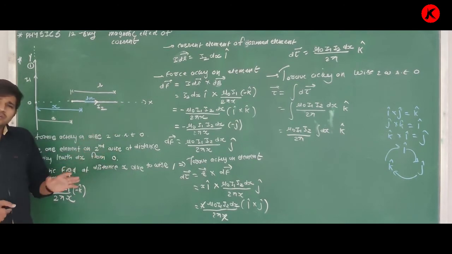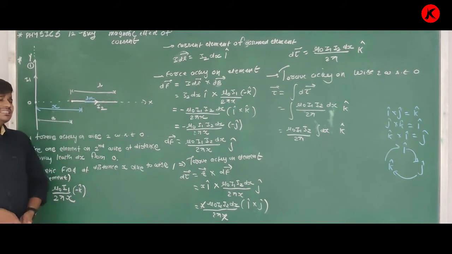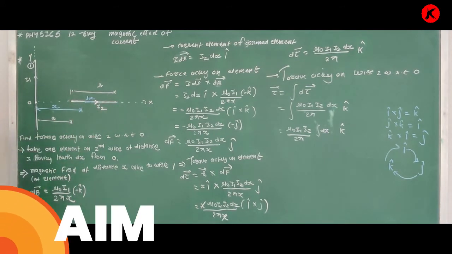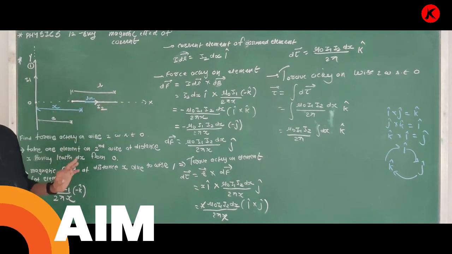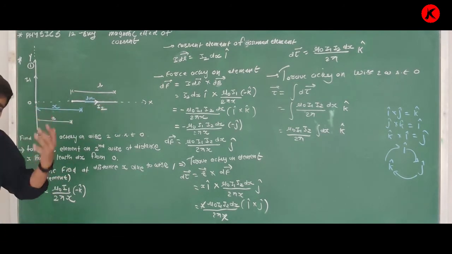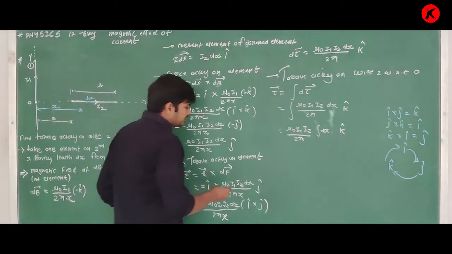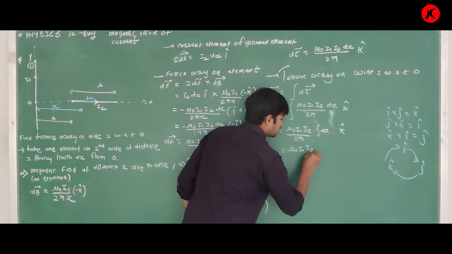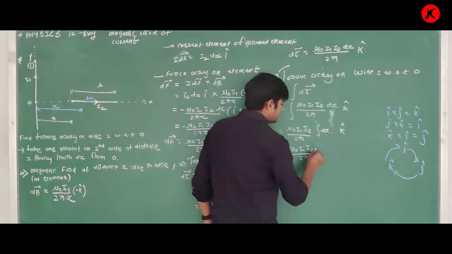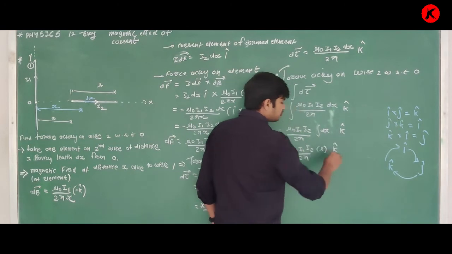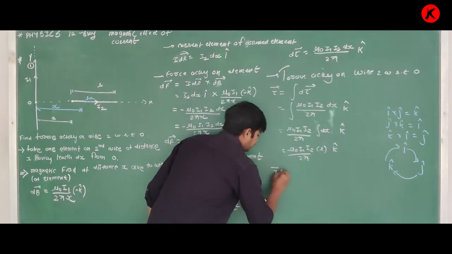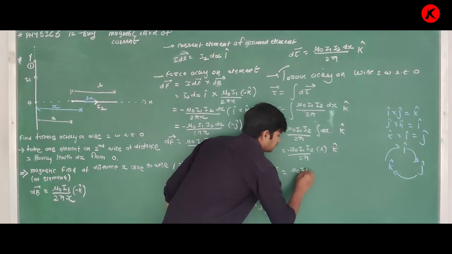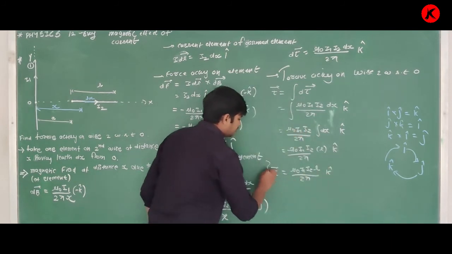You can put limits, or you can directly write that the answer will be L, because the total length of this wire is L. If you put limits A to L plus A, then L plus A minus A will be L. So it is mu 0 I1 I2 upon 2 pi, the integration of dx is L, and k caret. So the total torque acting on the wire is mu 0 I1 I2 L upon 2 pi, k caret, and that is the direction of torque.